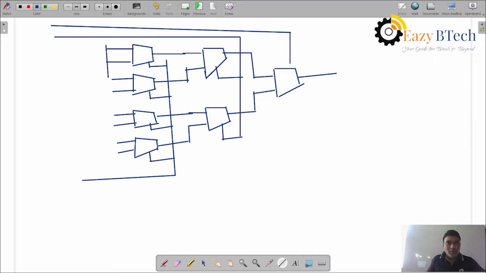Now these are the data sum, the data stored sum value bits over here.